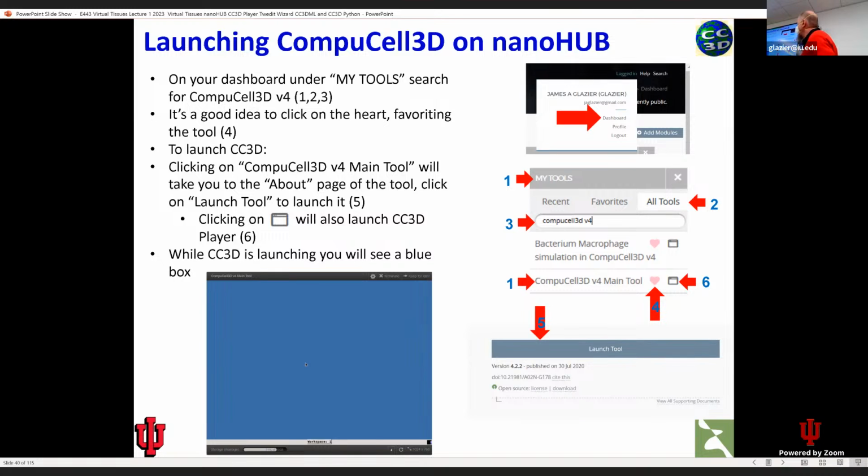You could search CompuCell3D V4 main tool, and that will take you there directly, or you could search in My Tools for CompuCell3D V4. And when you do that, under all tools, it'll pull up CompuCell3D V4, and the little heart is a bookmark. So if you click the heart, then it's available to you. I'll give people a minute or two to get that to work.